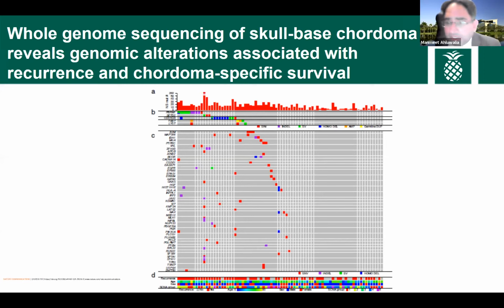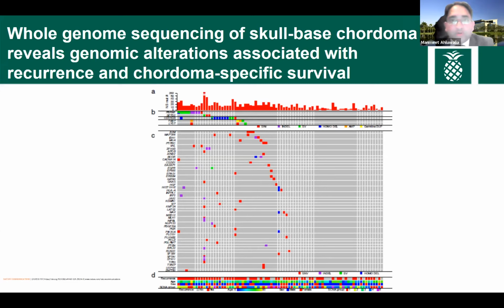Again, a very busy slide, but what this group showed was they looked at 80 skull-based chordomas and identified PBRM1, which is basically a switch sucrose non-fermentable complex subunit gene, which was significantly mutated and was identified as a driver. This genomic alteration was seen in around 12.5% of these patients. And then they also had the homozygous deletions of the CDKN2A/2B locus, which was the second most prevalent event.